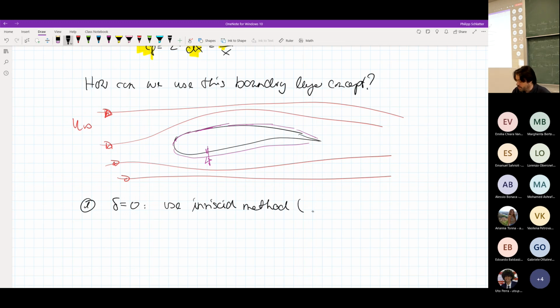An inviscid method could be potential flow. It could be Euler, a solution to the Euler equations, whatever you would like, to just calculate the flow around this airfoil. So use an inviscid method to calculate the external flow.